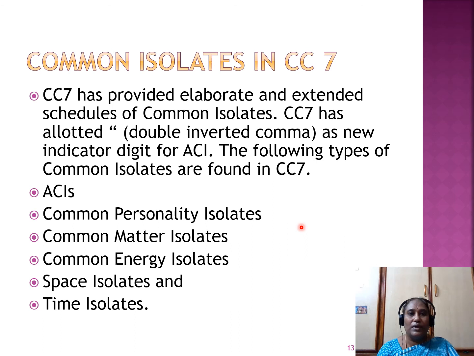The following types of common isolates are found in CC 7th edition also: anteriorizing common isolates and common personality isolates, common matter isolates and common energy isolates, space isolates and time isolates. These all are newly added in Colon Classification 7th edition. So these are the common isolates in Colon Classification 7th edition.